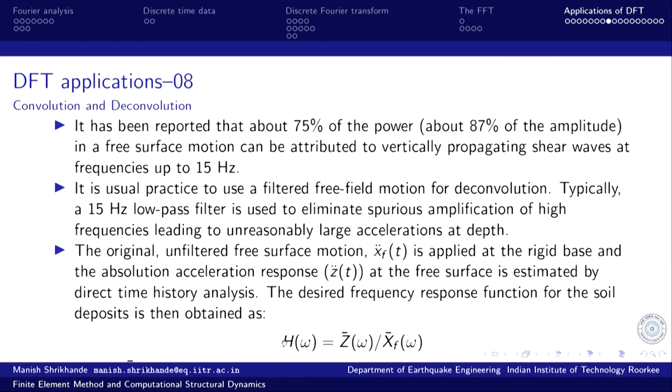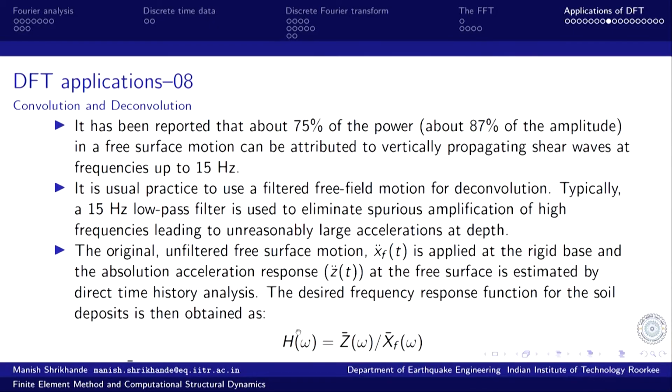We can take the Fourier transform and take the ratio of response divided by input, and that gives us the frequency response function. So, H omega, the frequency response function that we are looking for, is given as the discrete Fourier transform of total acceleration at the top divided by the discrete Fourier transform of the input motion that we used as the recorded motion acceleration at the free surface.